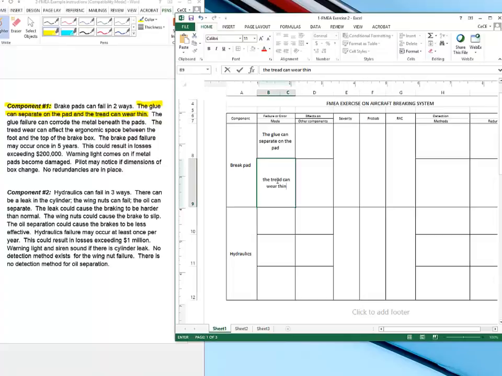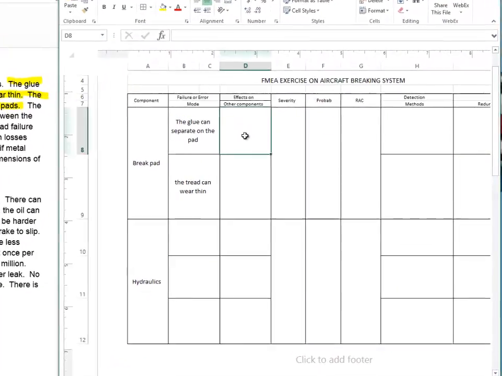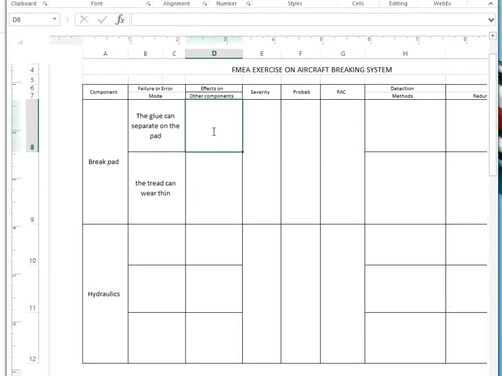The effects on other components. So right here, the glue failure can corrode the metal beneath the pads. See, this is the way that that particular failure can affect some other components.